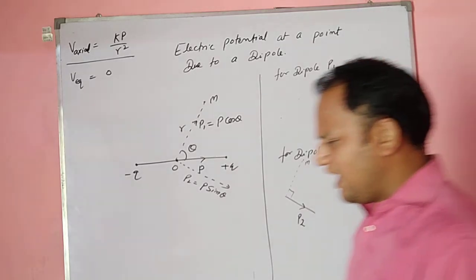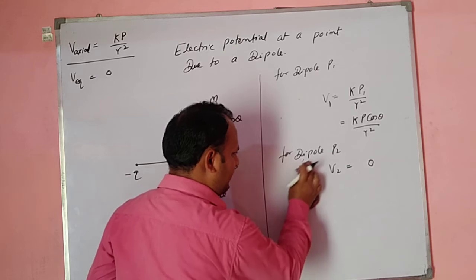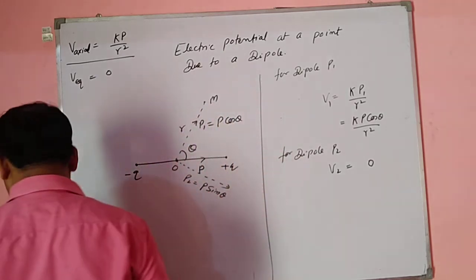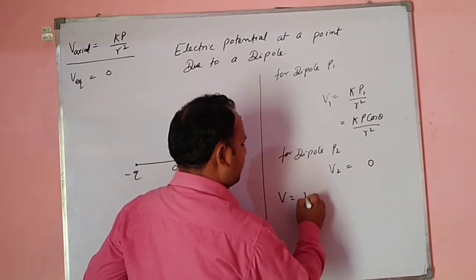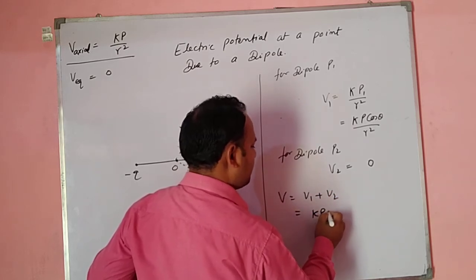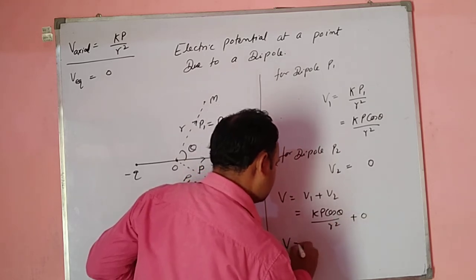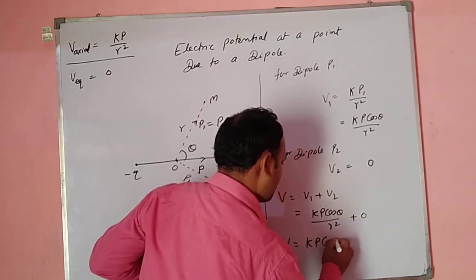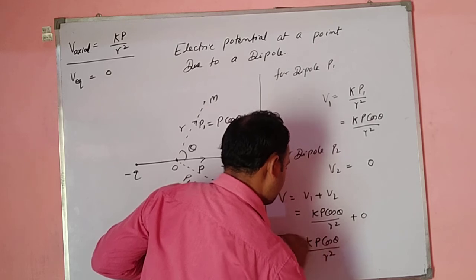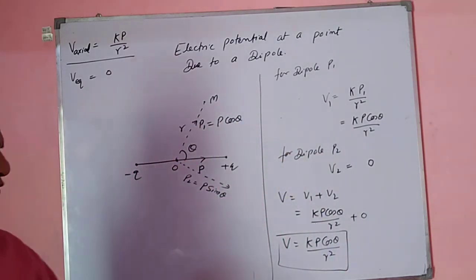Now I have the potential because of both the dipoles, and my total potential is V1 plus V2, that is K P cos theta by R square plus 0, and the answer is K P cos theta by R square. So this is the potential at any point.